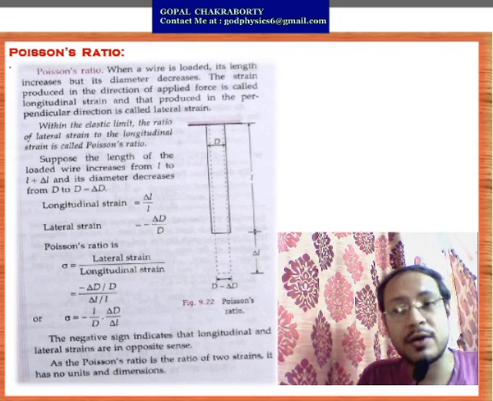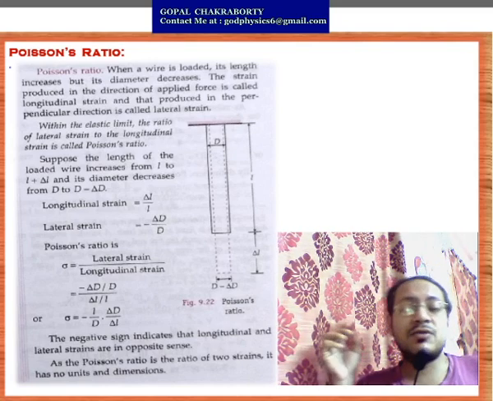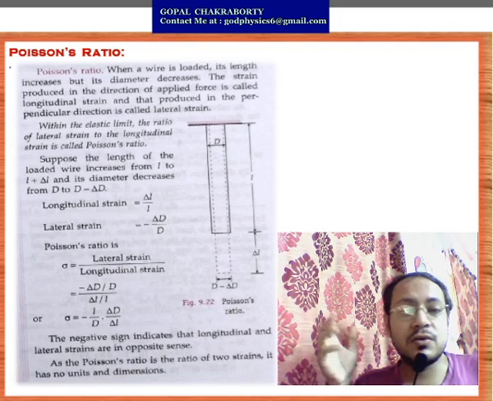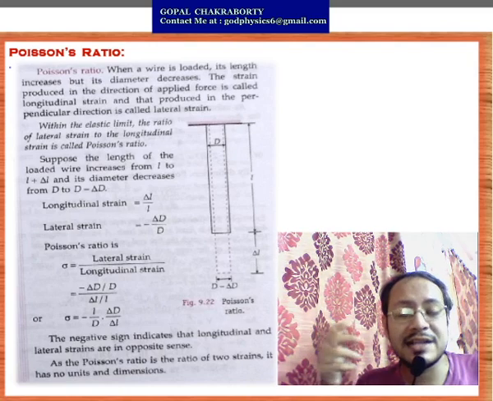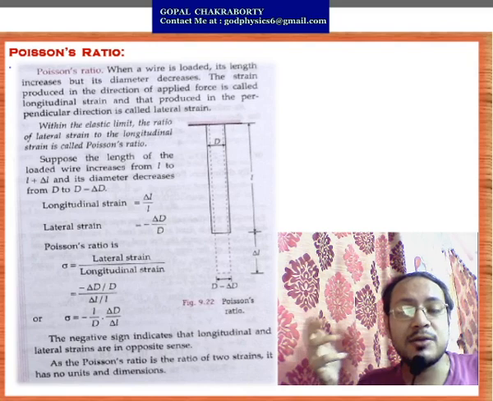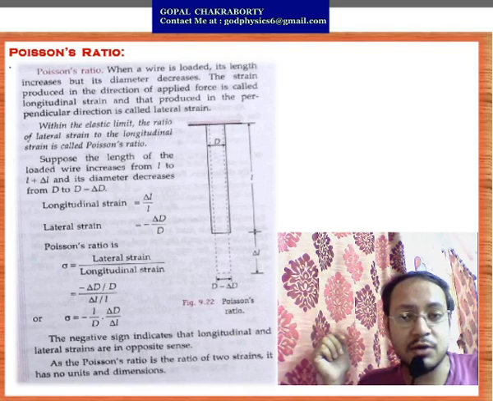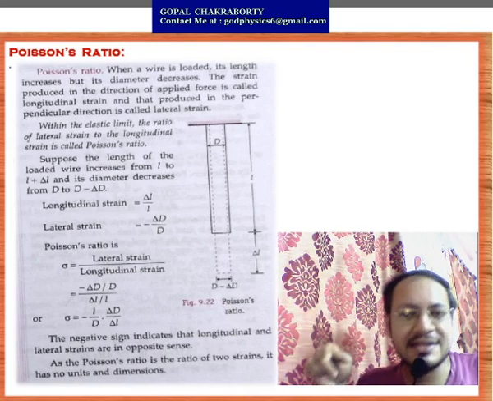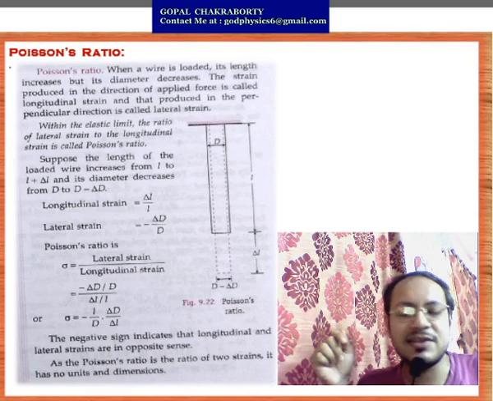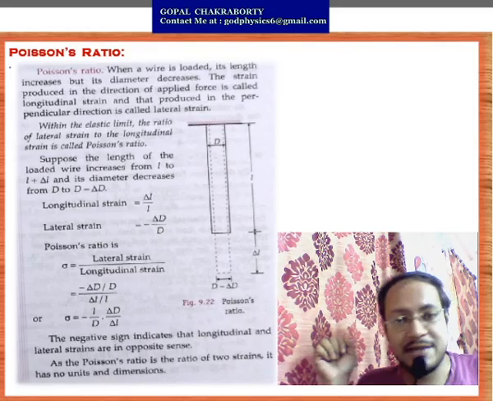This is a very important question. In some cases the question comes, show or explain why Poisson's ratio is not an elasticity modulus. This is the reason: as it is not the ratio of stress by strain, that's why it is not an elasticity modulus.